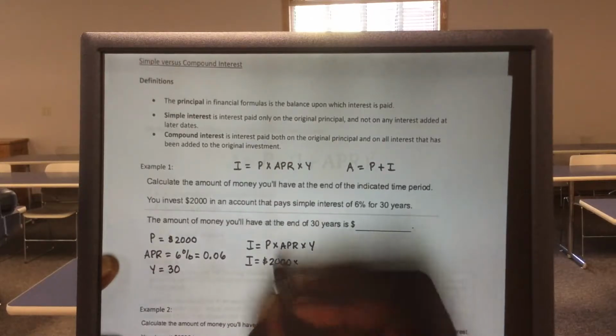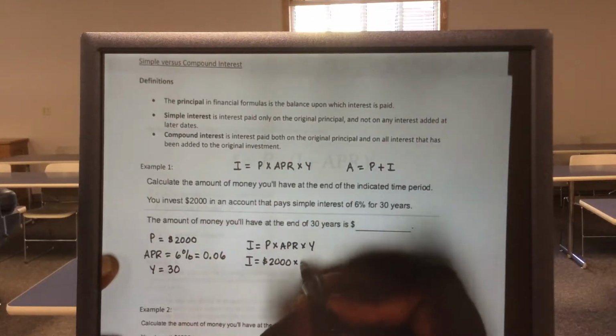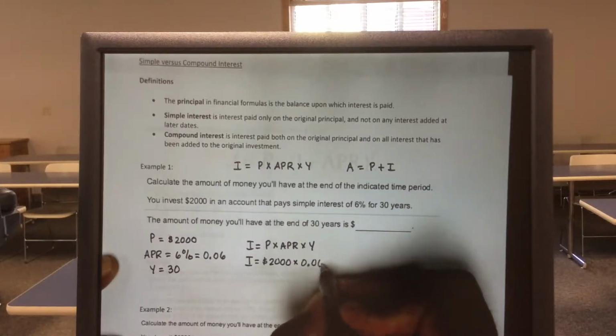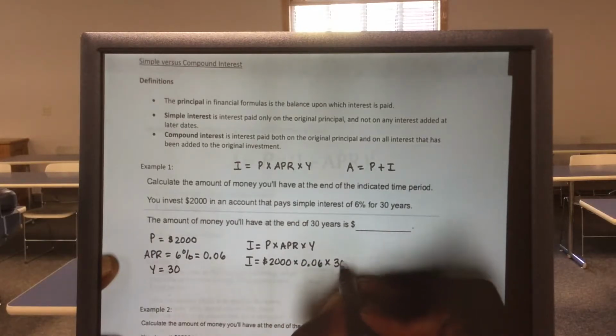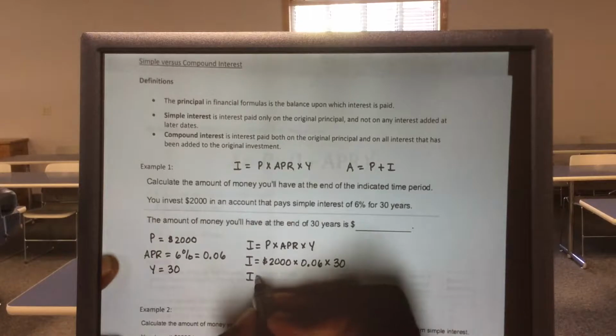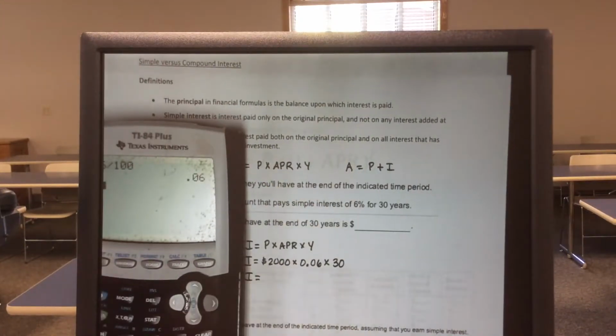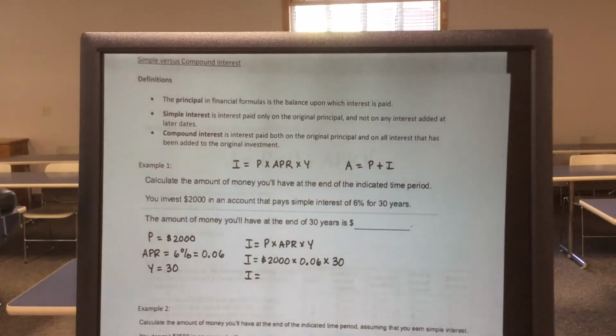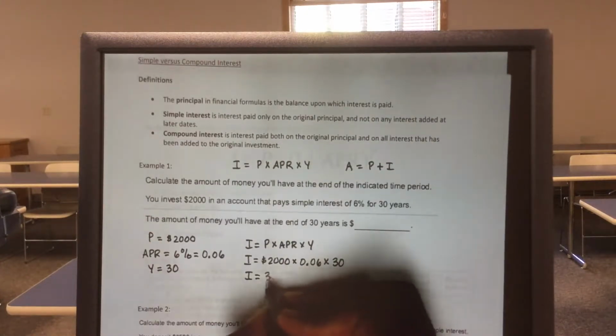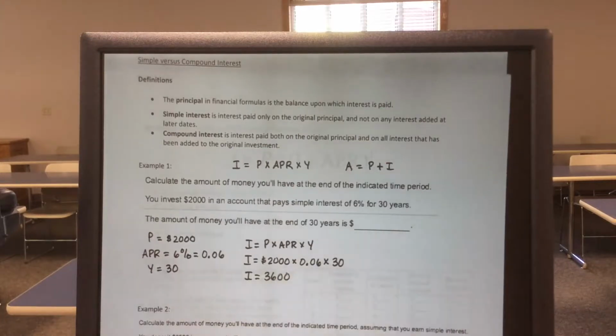That's going to be multiplied by the APR of 0.06 times Y, which is 30. So if I take 2,000, multiply that by 0.06, and then multiply that by 30, you're going to get $3,600. So the interest at the end of 30 years will be $3,600.